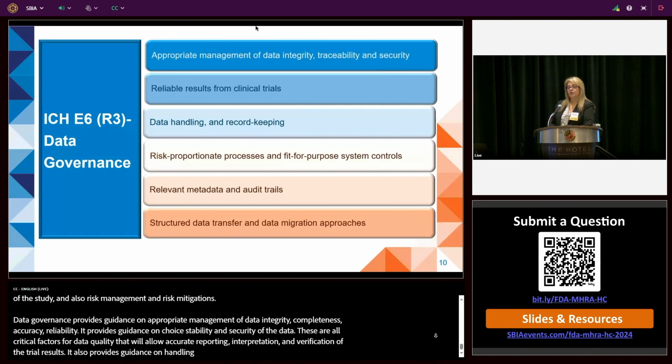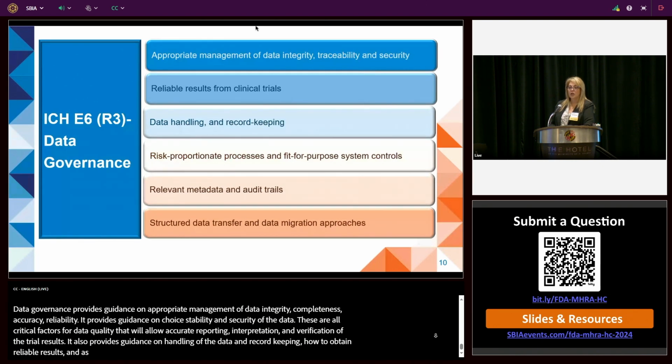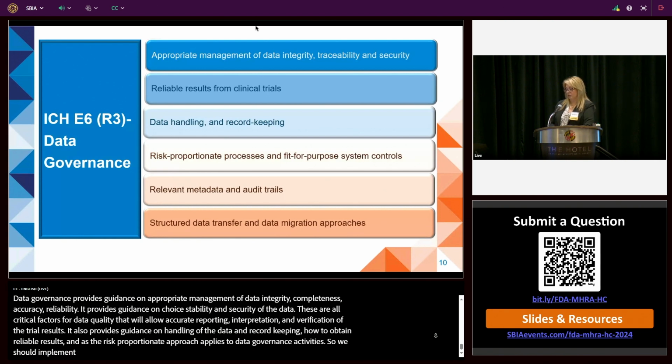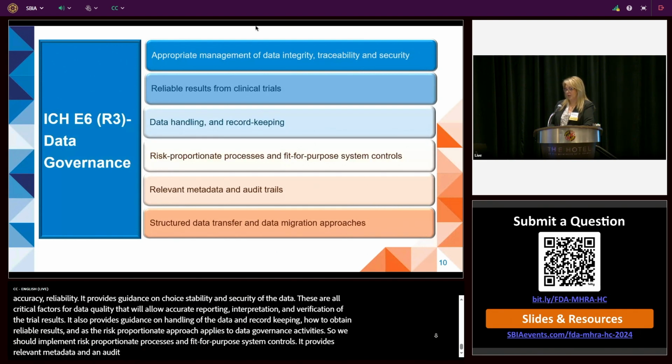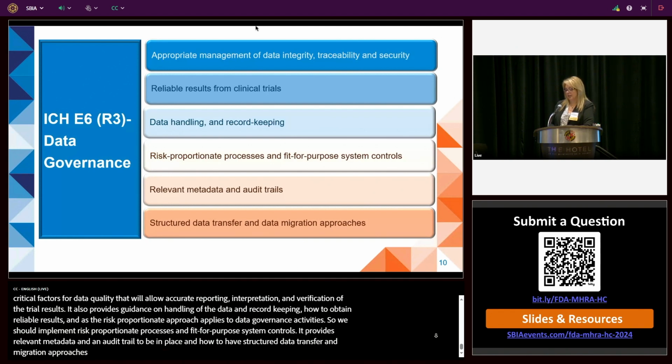The risk proportionate approach applies to data governance activities. So we should implement risk proportionate processes and fit for purpose system controls. It provides requirements on relevant metadata and audit trails to be in place, and how to have structured data transfer and migration approaches. This section should be read in conjunction with ICH E8 and E9.